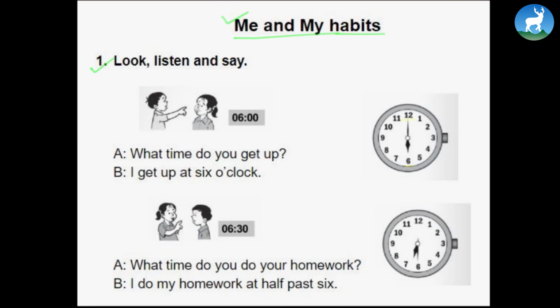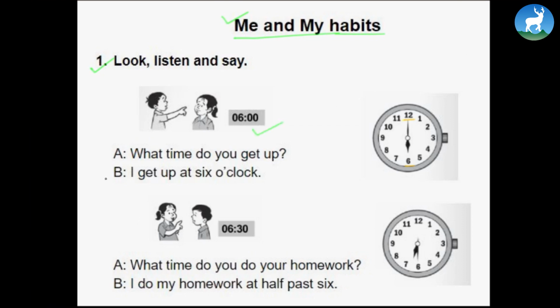And this clock does not really have a second hand. So as you can see, the hour hand is pointing towards the number 6, and the minute hand points straight towards the number 12. So it's 6 o'clock.